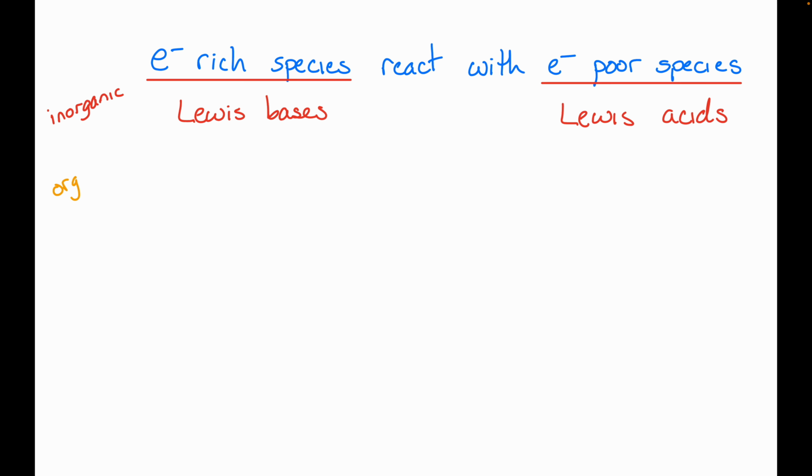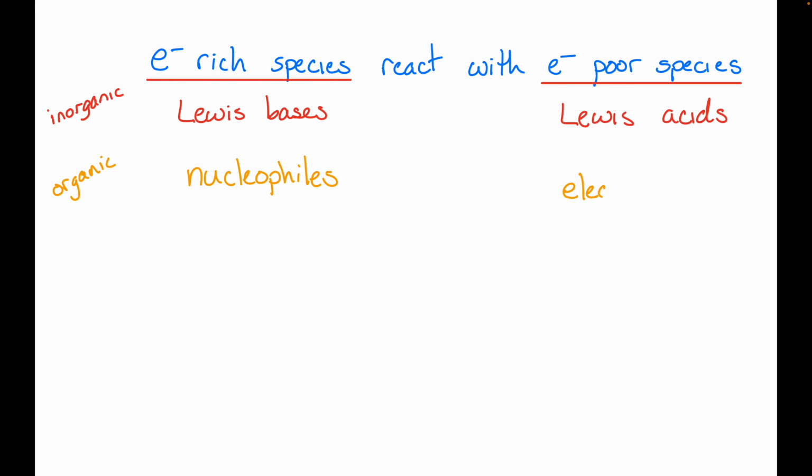In organic chemistry, the same exact phenomenon occurs. Electron-rich species react with electron-poor species. They tend to have different names for it. In organic chemistry, we call those electron-rich species nucleophiles. Does anybody know what that suffix "phile" means? Yeah, a lover of something, right? So a nucleophile is something that really wants a nucleus because itself is electron-rich.